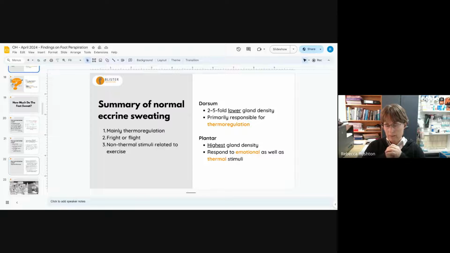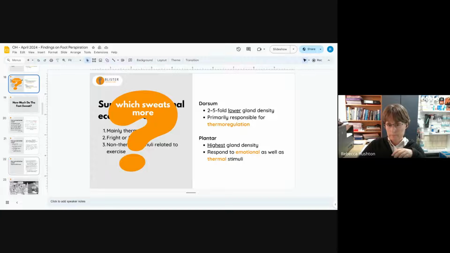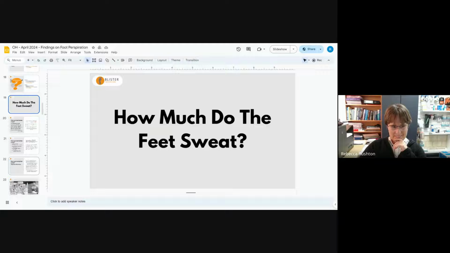The plantar surface has a much higher gland density, and it responds to emotional as well as thermal stimuli. So if you had to say right now which one sweats more, the dorsal surface or the plantar surface, which would you say? Plantar. Me too. And you might get a shock soon.